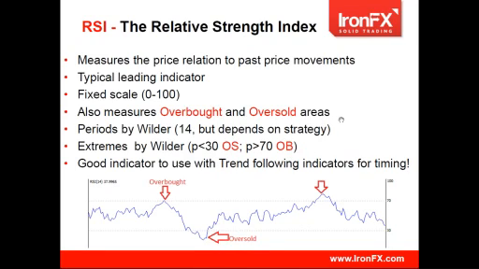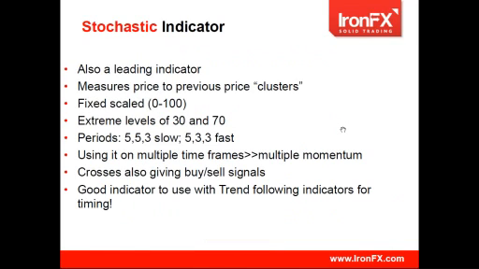All right, let's go on with the next indicator, and this is the stochastic indicator. It's also a leading indicator and also falls into the class of momentum indicators. It's going to measure the current price against previous price clusters. Now, we are not going to go deeply into the calculation method.